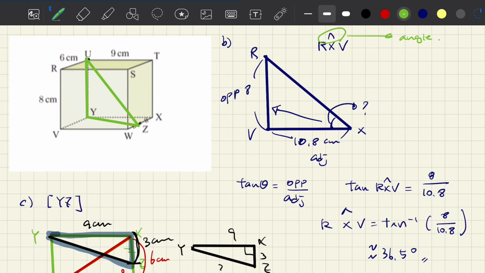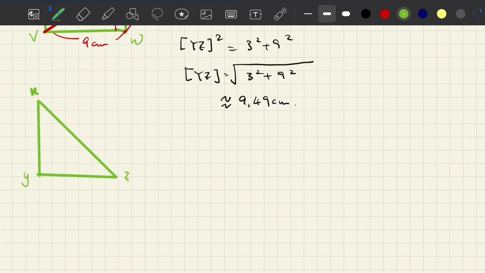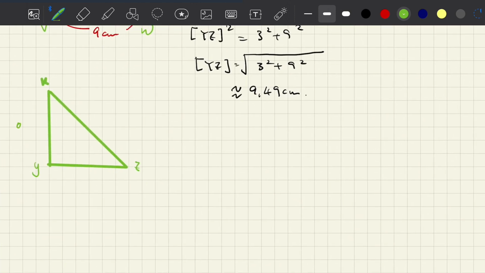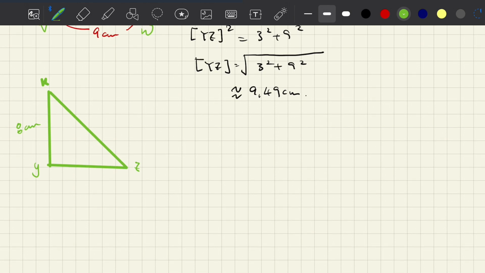So U, Y, and Z. We just calculated the length of the line YZ, and we know the length of UY is 8 centimeters. The YZ line is 9.49 from the previous question, and we are trying to find the angle YZU.